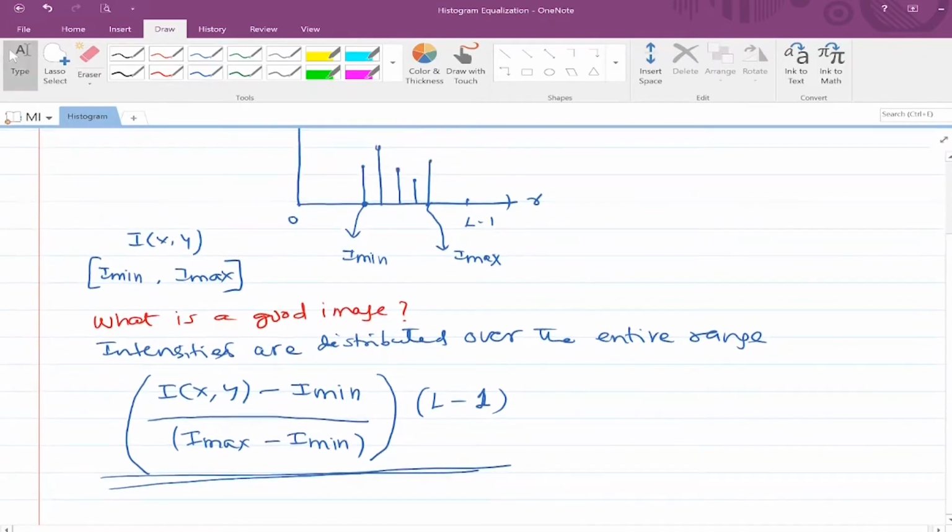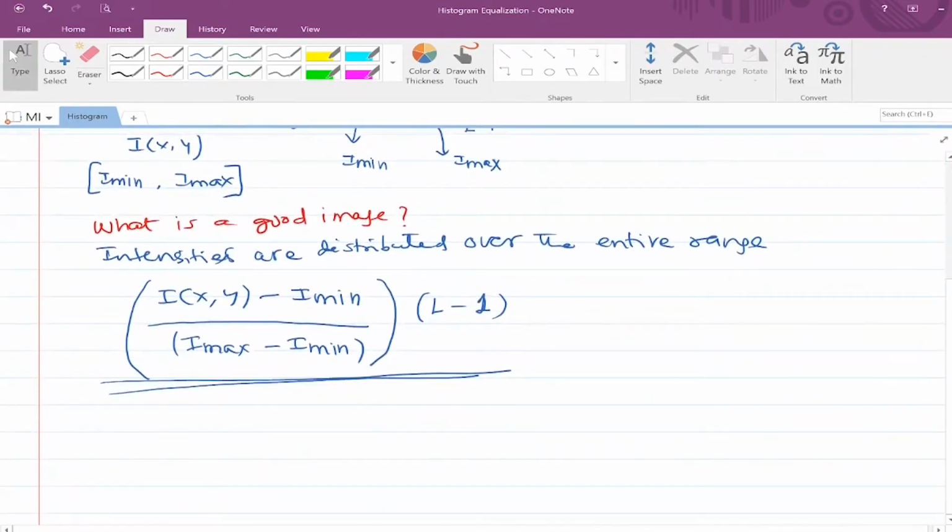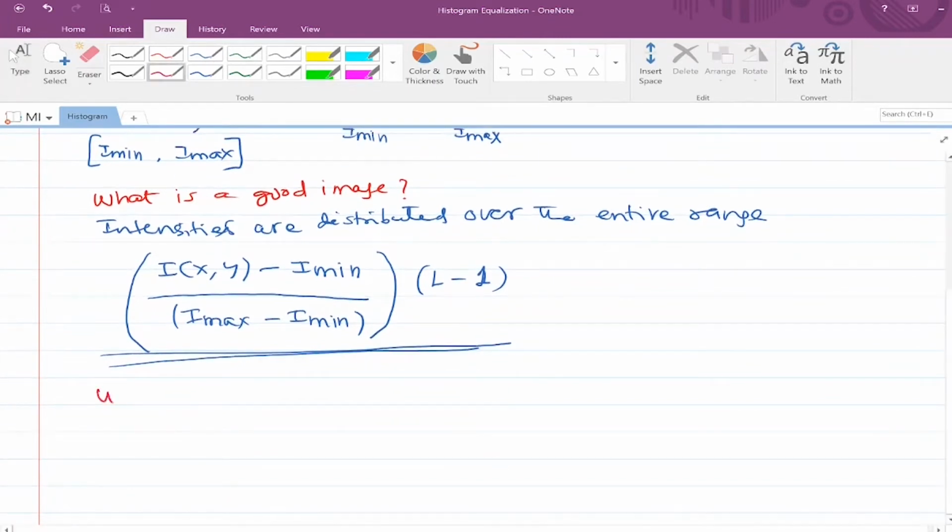Now we are coming up with another assumption when it comes to histogram equalization. Let's again ask the same question: what is a good image? The earlier definition of a good image has given us a contrast enhancement.